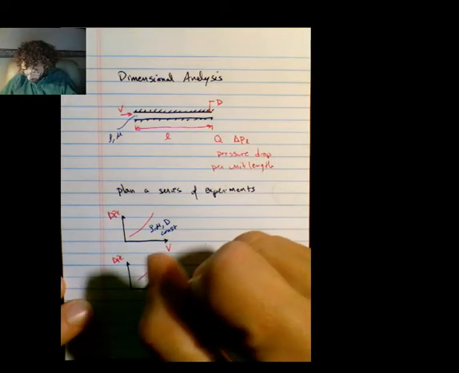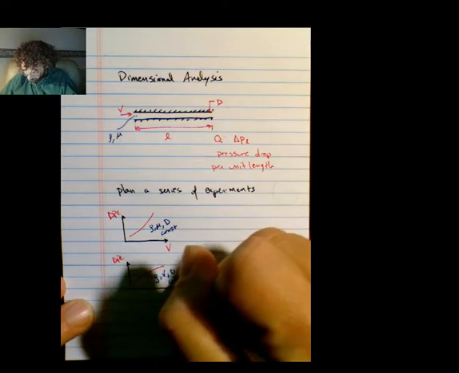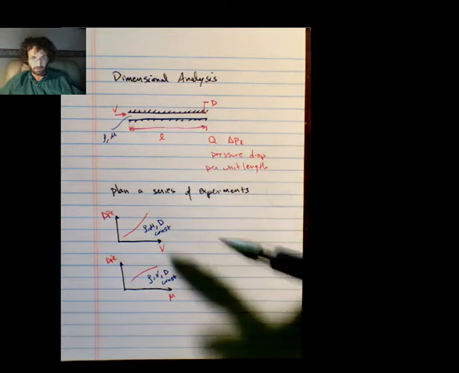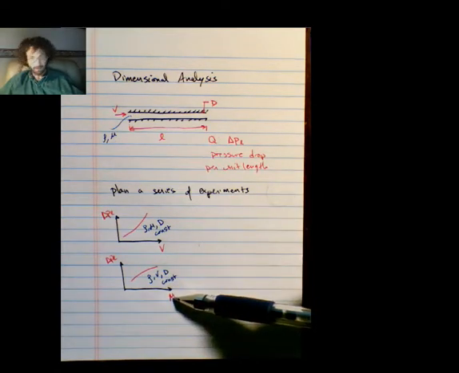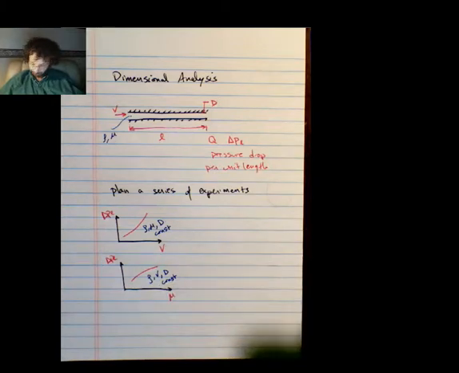And now we would keep rho, velocity, and D constant. Liquids have a property often that you can change the temperature, you change viscosity without changing density. And so maybe you could heat a fluid of a particular type to do this study.